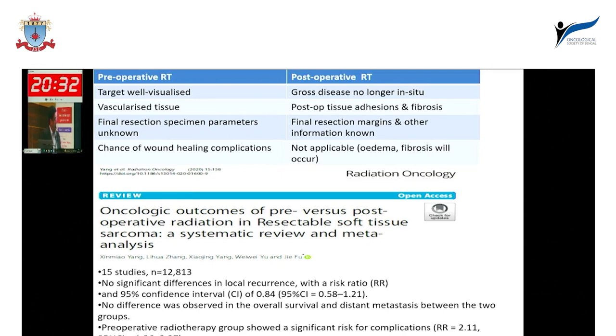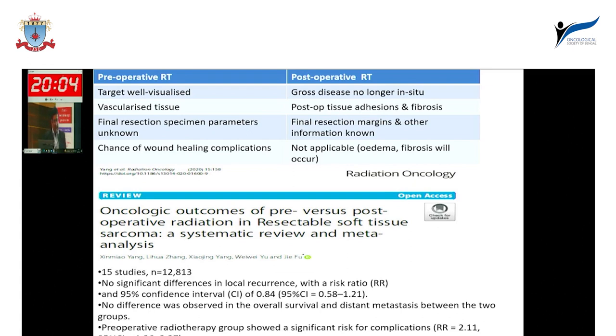So it is very oxygenated, so in the pre-op setting the radiation acts better. And as I said, the chances of wound complication are slightly more with the pre-op setting. But after post-op radiation also, we find complications like fibrosis and contracture, which are quite significant. So now the trend is more towards pre-op RT than post-op radiation.